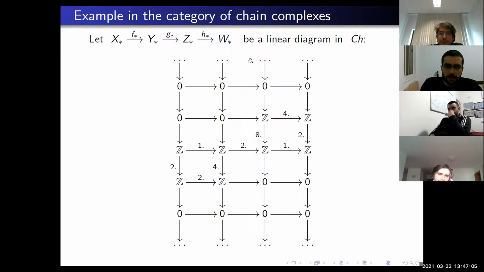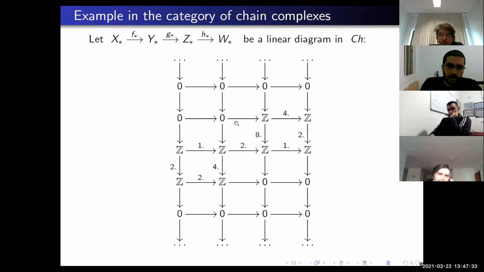And if someone calculates the Toda bracket, he gets a map from the suspension of this to this. So it's going up here, and we get a map from this to this. If we choose the null homotopies I explained, we get the identity.